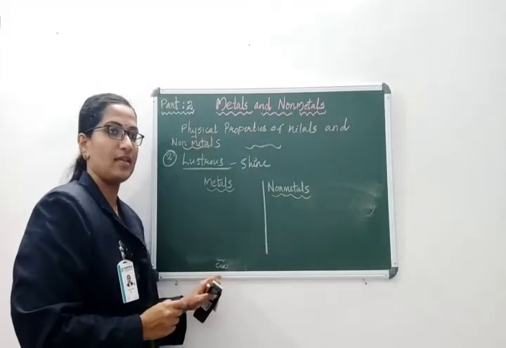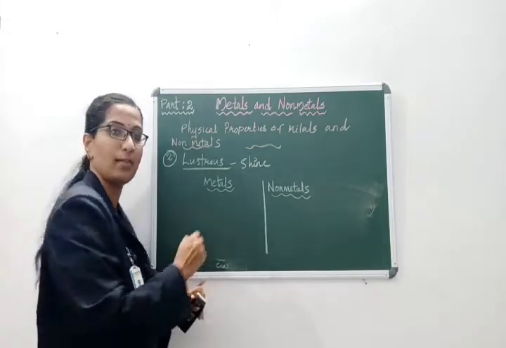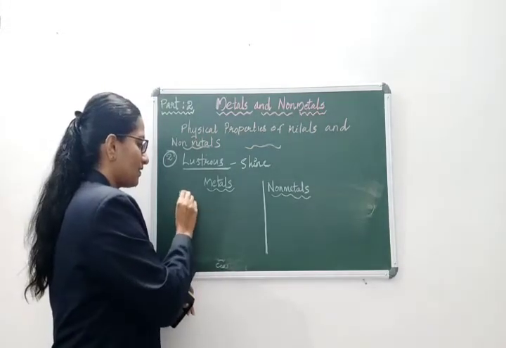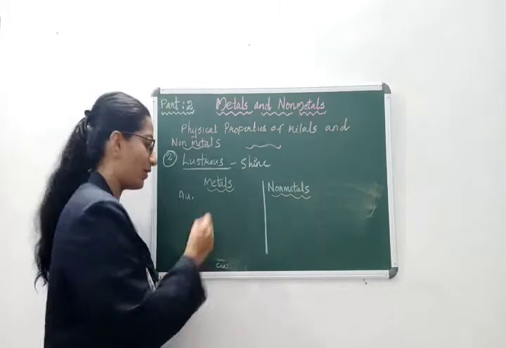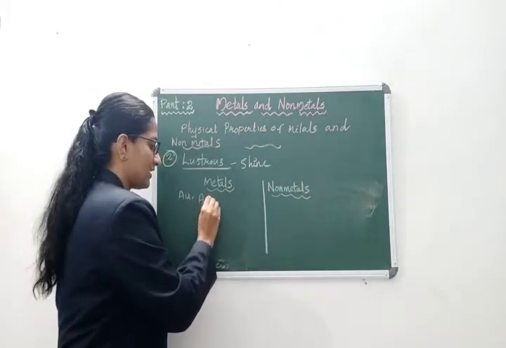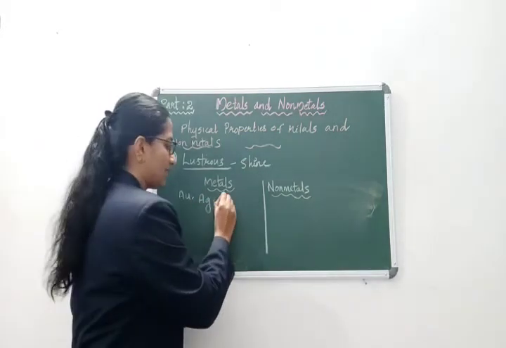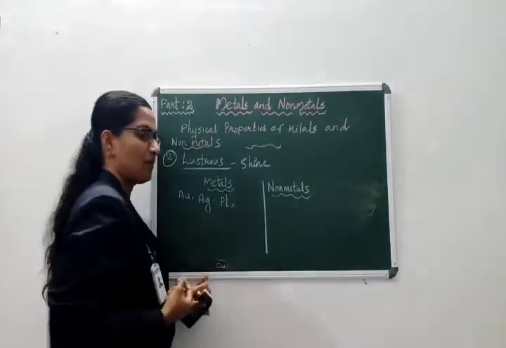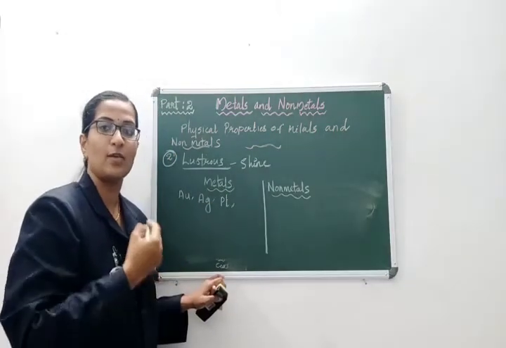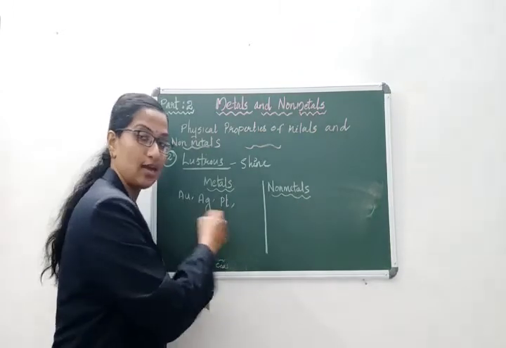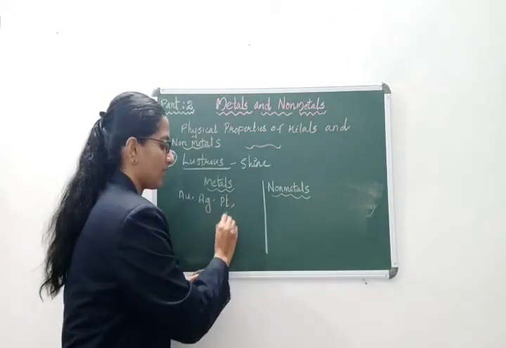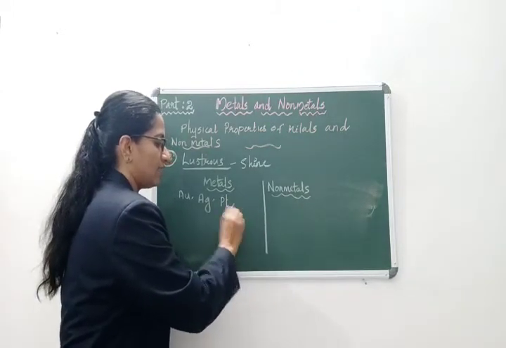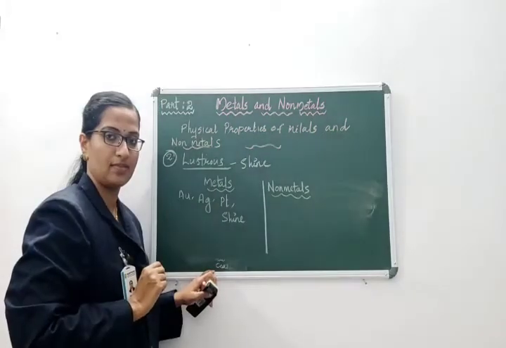Okay, students. In the case of metals, when you talk about gold, silver, it is Ag, platinum, it is Pt, you can see these kinds of metals shine. They have a shiny surface.